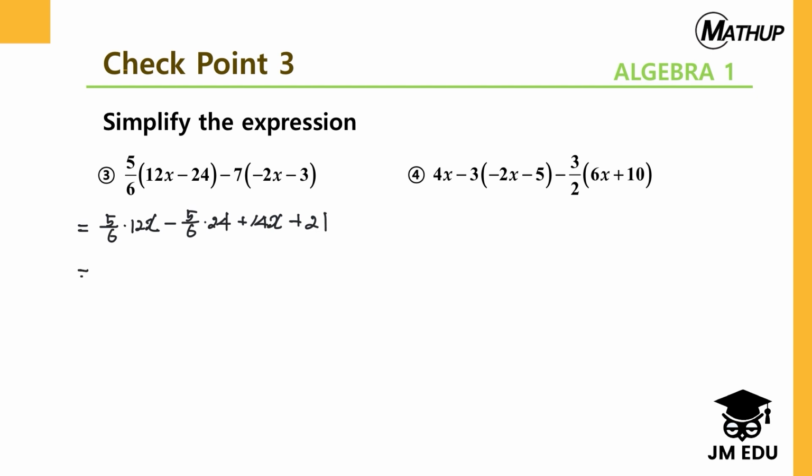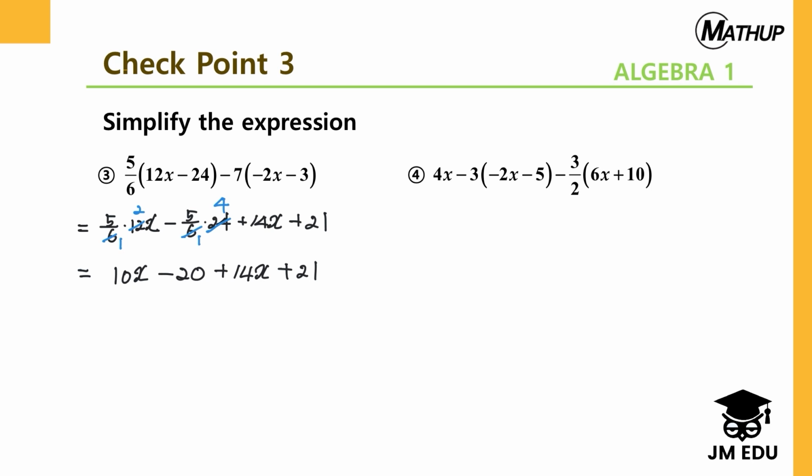Let's simplify this. 6 times 1 is 6. 6 times 2 is 12. 6 times 1 again. 6 times 4 is 24, right? So 5 times 2x, that's 10x. Minus 5 times 4, that's minus 20. We have a plus 14x plus 21.